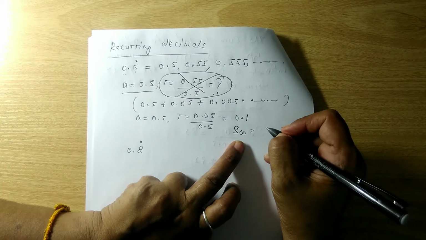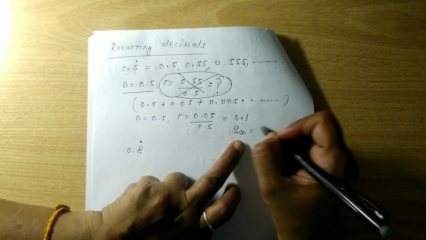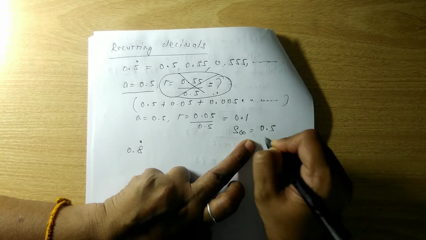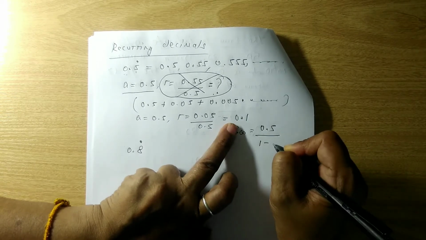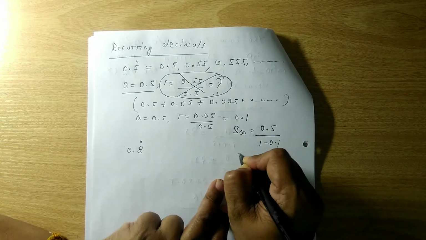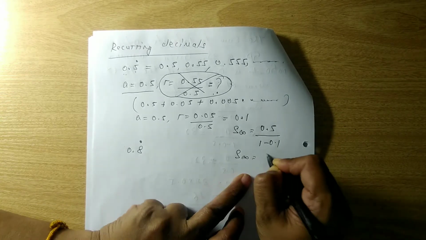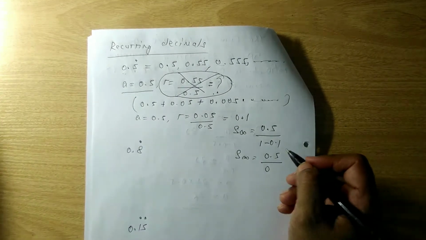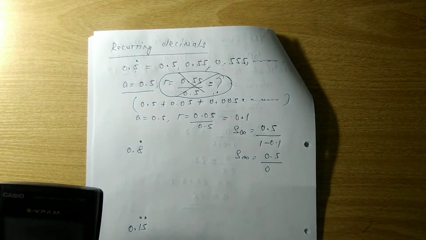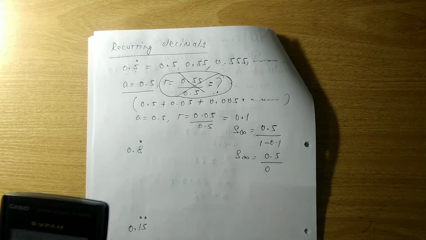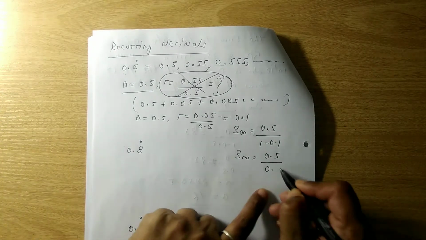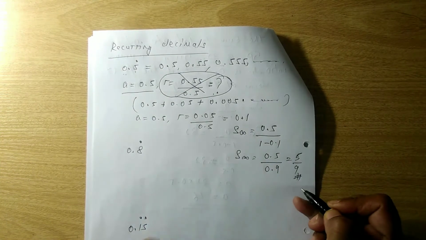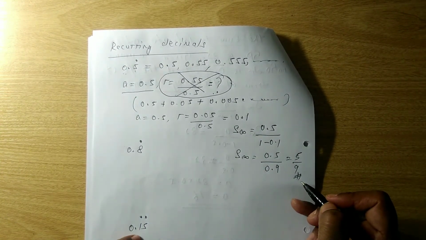So what you can actually do is A, which is 0.5 over 1 minus R, which is 0.1. So S infinite is 0.5 over 0.9. 1 minus 0.1 is 0.9. So we change it to 5 over 9. So that's the answer.